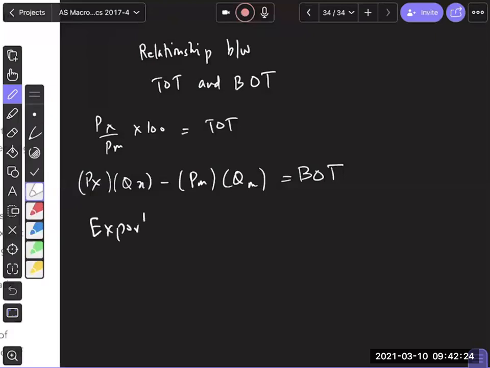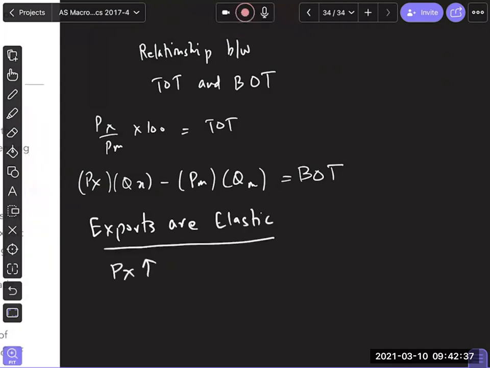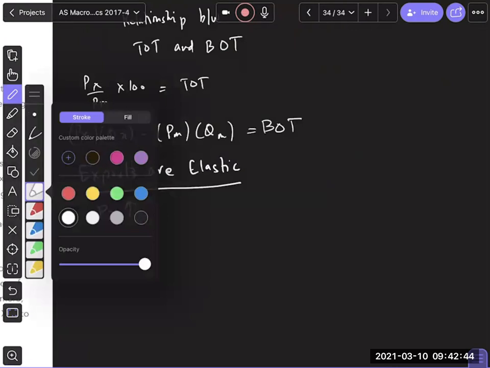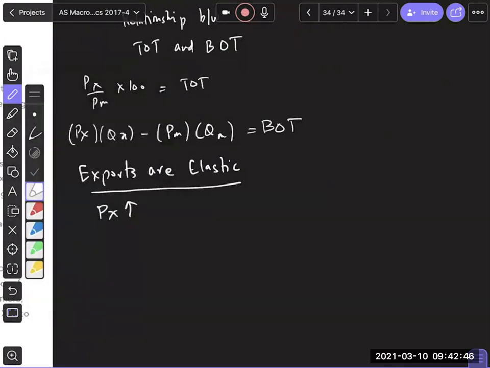If exports are elastic, guys, what will happen? If exports are elastic and the price of exports goes up, then your terms of trade, which is equal to PX over PM, will go up, right?